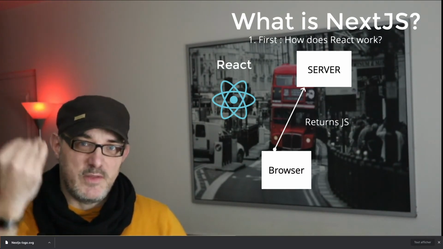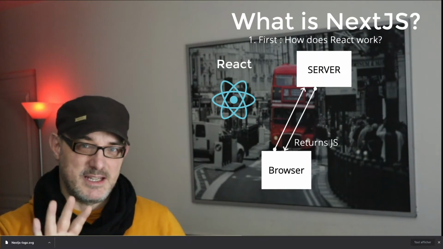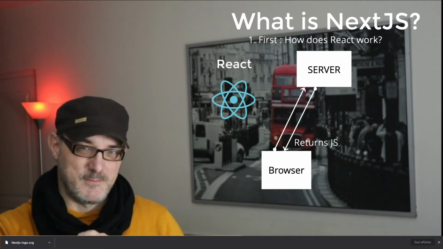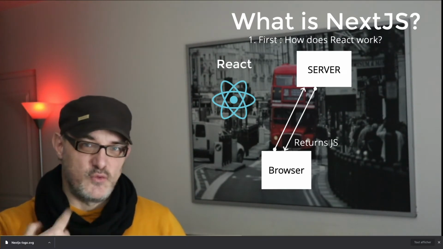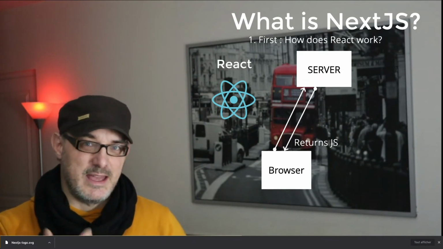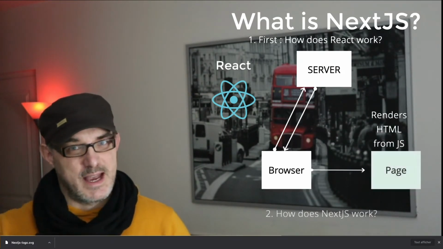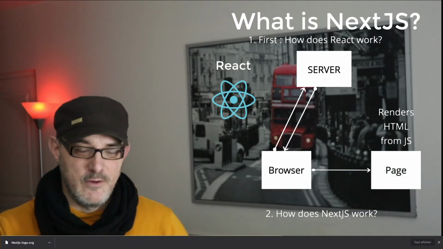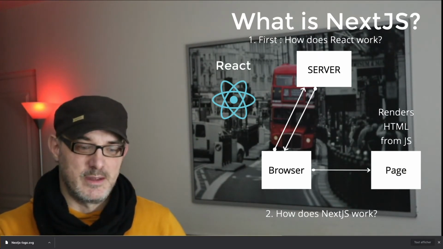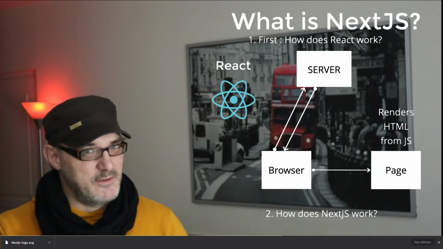The server then sends back the HTML that contains JavaScript. And then the browser reads the JavaScript, interprets it, and renders HTML from the JavaScript. So that's the basic behavior of React.